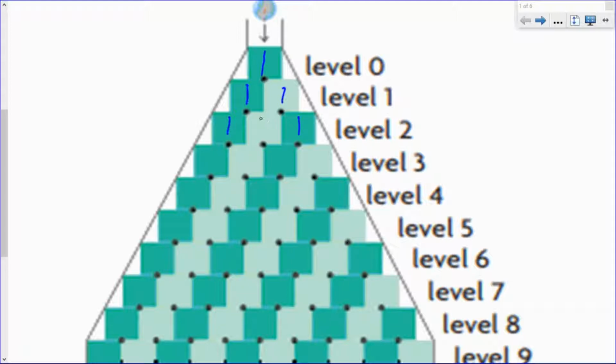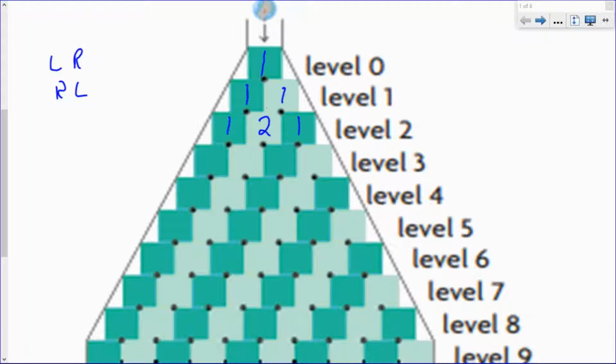But there are actually 2 paths to this square here, because it could have come from up here or up here. In fact, if you think about this space right here, there are 2 ways to get to this space, because you could go left and then right, or you could go right and then left. Left, right, okay, right, left.